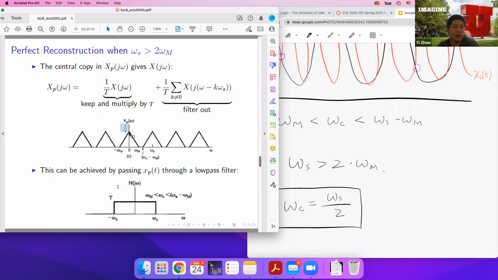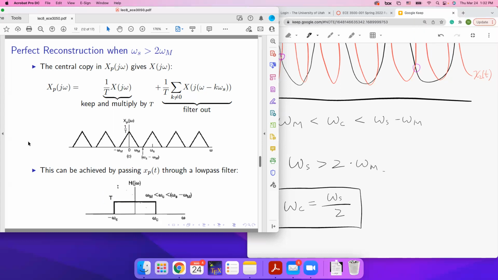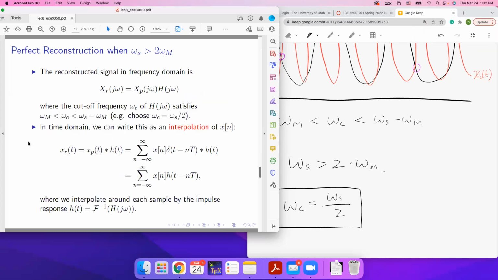So that's why you have 1/T here. And then when you design the low pass filter, you need to design it so that the response is given by capital T, so that you can cancel out this scaling factor.